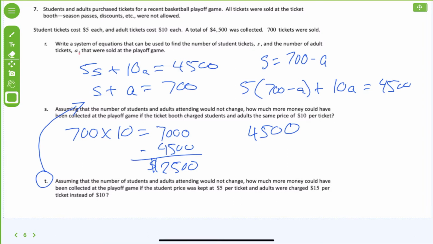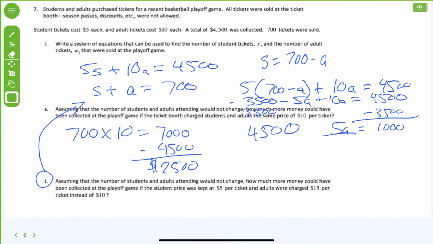Now, if I said 5 times 700, that is 3,500, minus 5A plus 10A is equal to 4,500. Well, let's subtract 3,500 from both sides. That is 1,000 is equal to, what's negative 5A plus 10A? 5A.